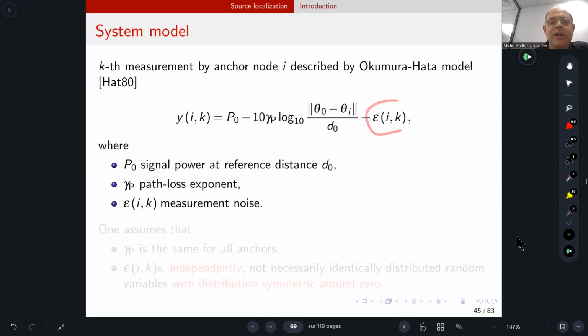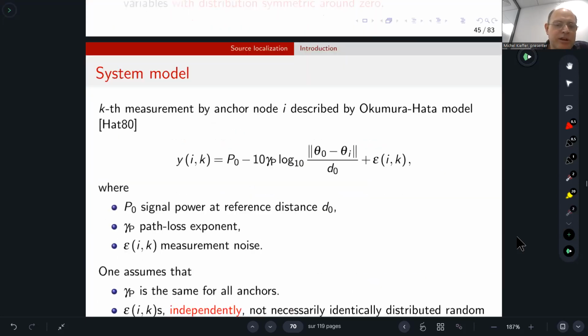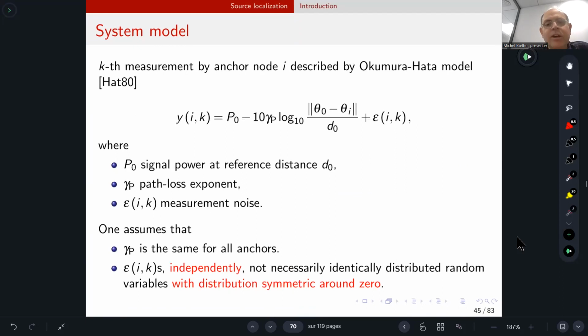And this is a noise, and here we are in a log domain. We assume that the noise is symmetrically distributed in the log domain, and that the noise measurements are independent. This is a reasonable hypothesis.